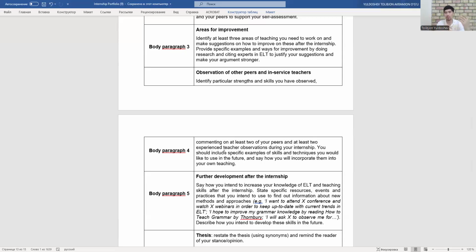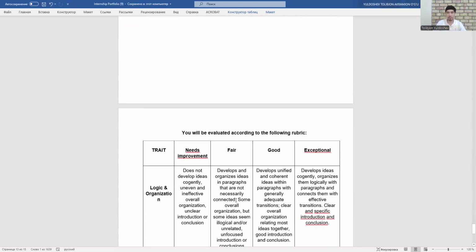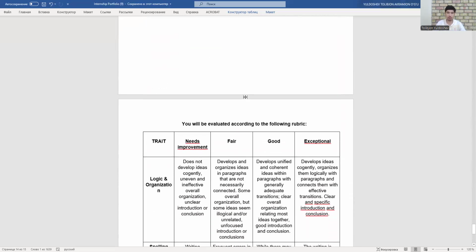For example, students were active, energetic, and I used Simon Says game, or I used like running dictation in reading classes because I wanted to make them more active in the classroom. So you need to, in short, connect the theory with the practice, something that you saw or something that you used. And this will be all about your internship portfolio.